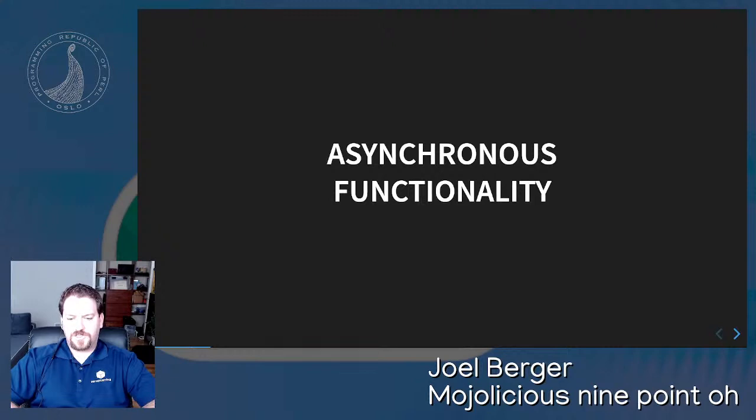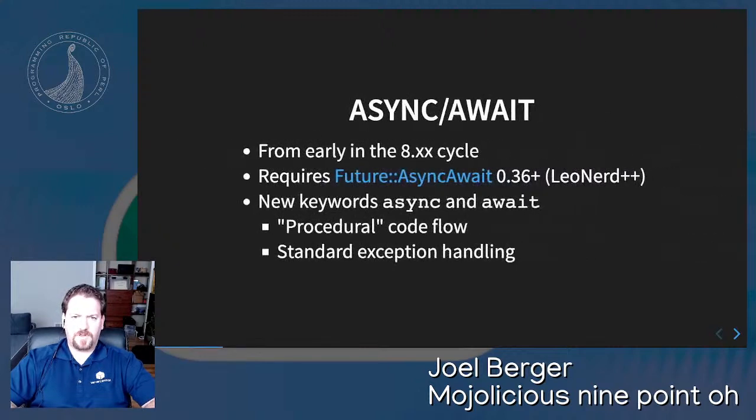Obviously, Mojolicious is an asynchronous, loop-based web framework, and we added some really awesome asynchronous functionality in the 9.0 development series. I say 9.0 development series because we actually added async await quite early in the 8.xx series, but we highlight everything that happened since then, and this certainly needs another highlighting because we now have async await baked into the Mojolicious code.